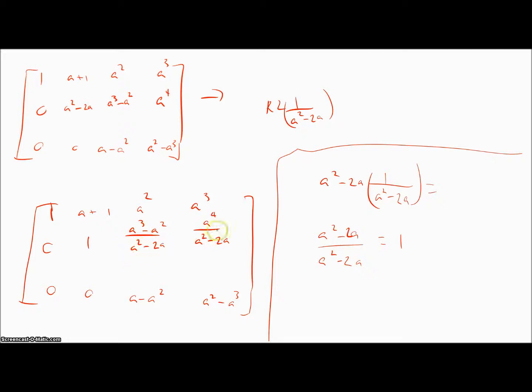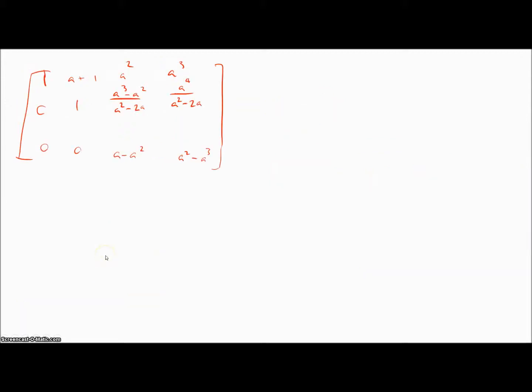But you don't have to worry about, there may be ways to simplify this. You don't have to worry about that, because in the end it's not gonna matter. So now I have my 1 pivoted, and it's getting kind of sloppy, but you can sort of see where each entry is. This is row 2, column 4.